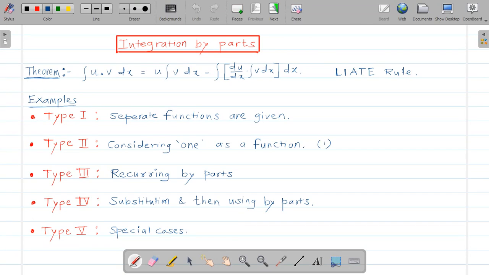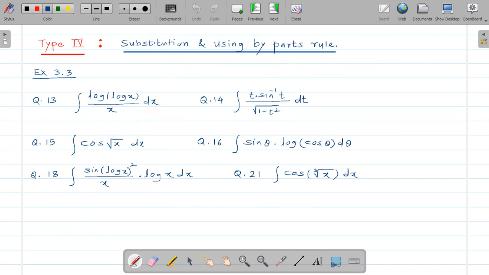Now today we are going to discuss type number 4, that is substitution, and then we have to use integration by parts. Already we have completed type number 1, type number 2 and type number 3. So let us see. This is type number 4, that is substitution and using the by parts rule.